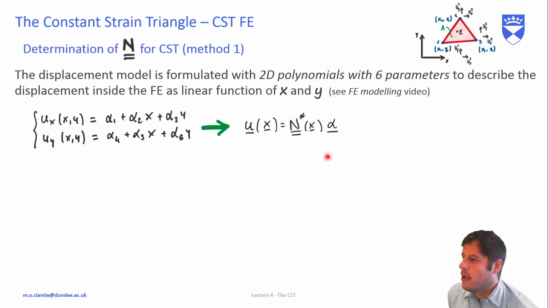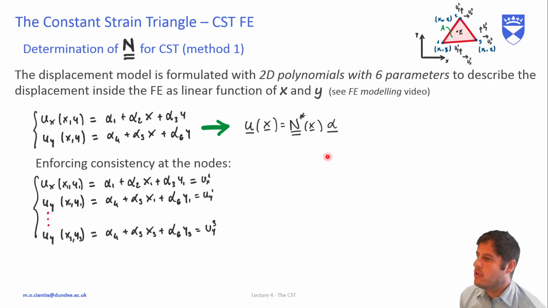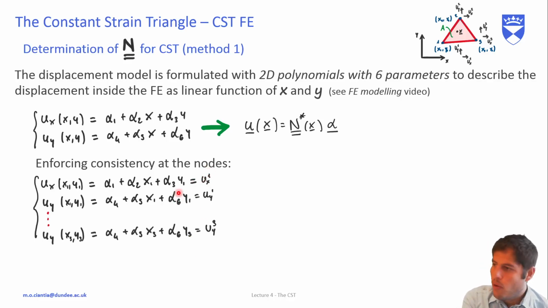Now, imposing consistency at the nodes, meaning let's write ux at position x1 and y1, that is the coordinate of node 1. Well, it will be alpha 1 plus alpha 2 x1 plus alpha 3 y1. This should be equal to ux of node 1, and so on. This is the nodal displacement vector.